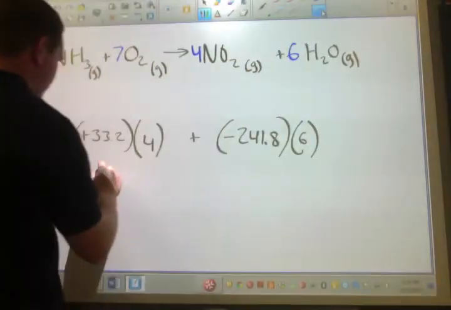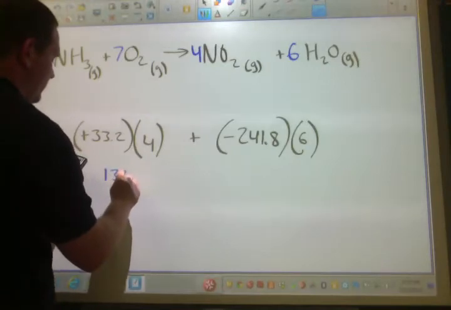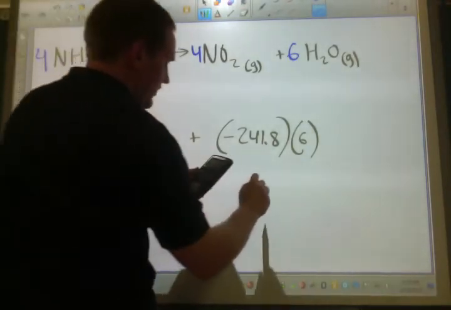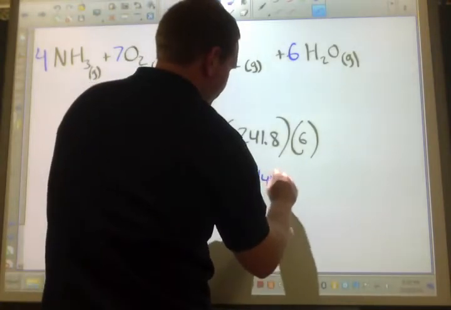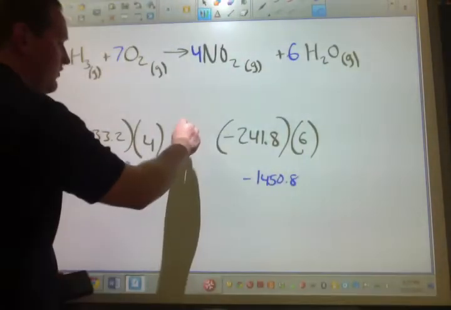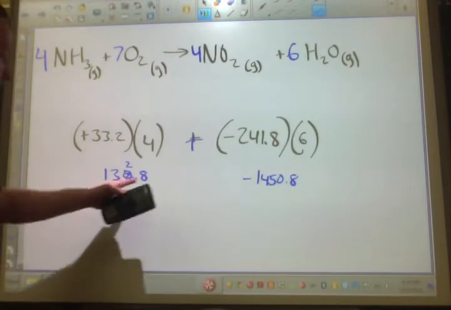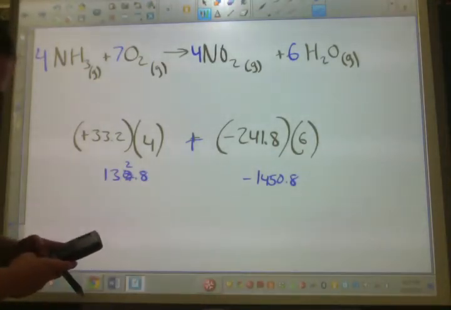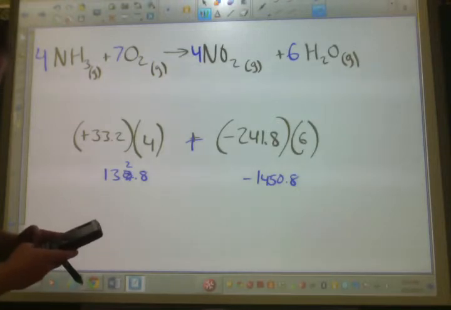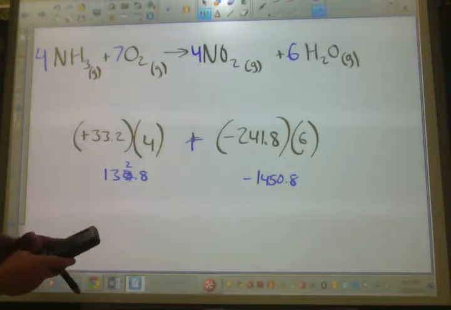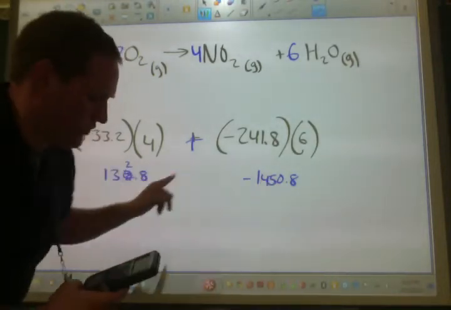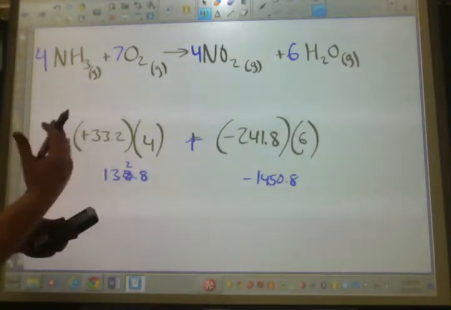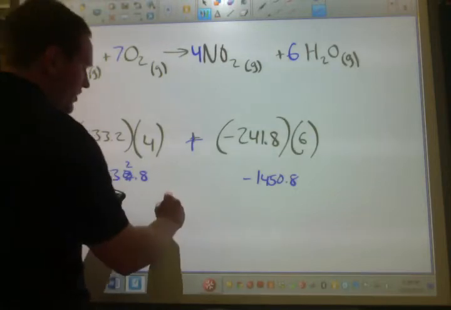So we're clear on this, that's 132.8 and this is negative 1450.8. If we add these together, this plus negative that is really like subtracting. So 132.8 minus 1450.8, and because we have a 0.8 after each one, I'll give it a 0.0, or a number after the decimal.